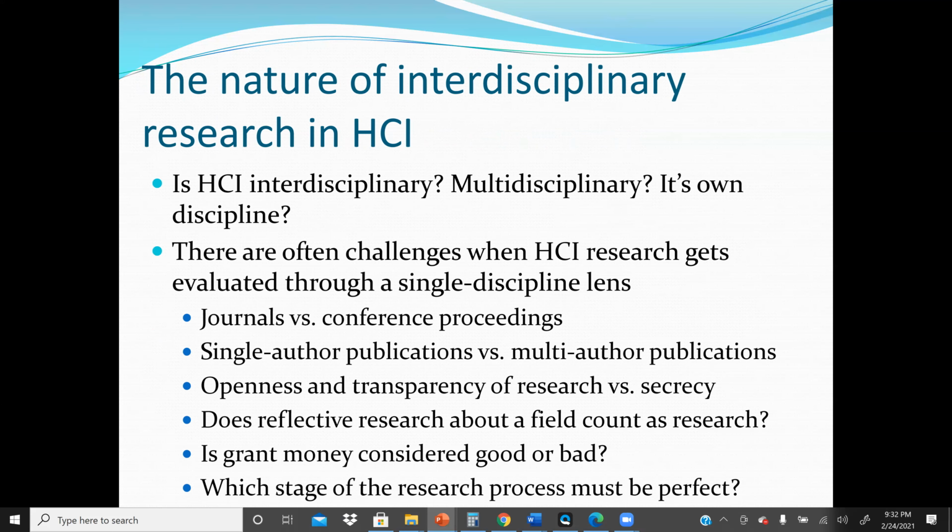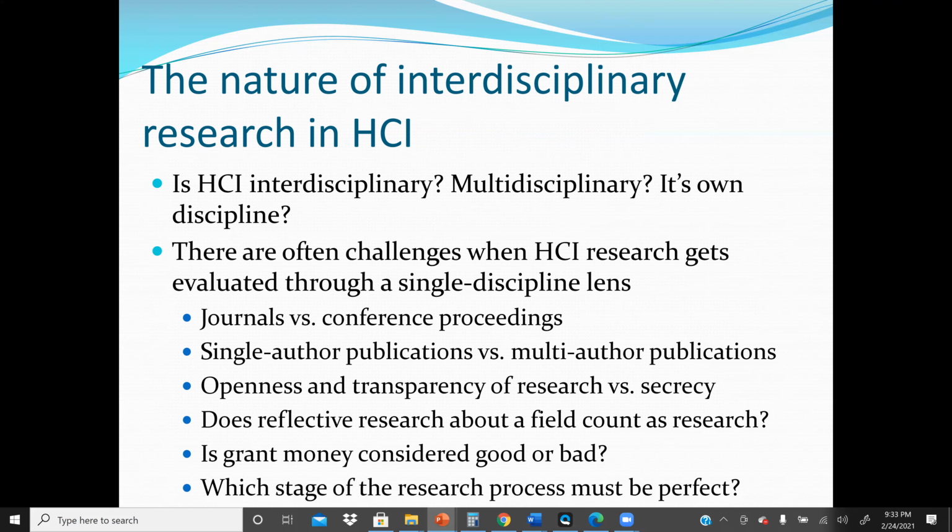So, the nature of interdisciplinary research in HCI: is HCI interdisciplinary or multidisciplinary or its own discipline? So yeah, we said that there are often challenges where HCI research gets evaluated through a single discipline lens.